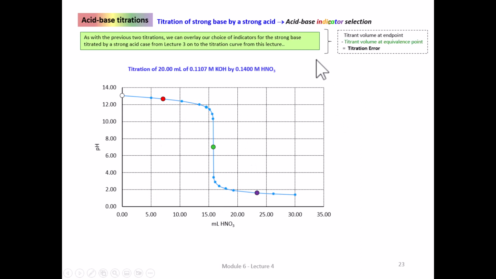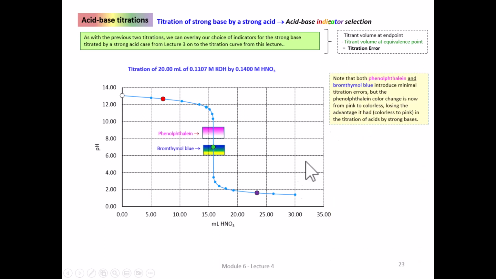Recall once again that we choose indicators that give us an endpoint as close to the equivalence point as possible. The titrant volume at the endpoint minus the titrant volume at the equivalence point would be the titration error, so we want to minimize the titration error. Note that both phenolphthalein and bromothymol blue seem to introduce minimal titration errors.